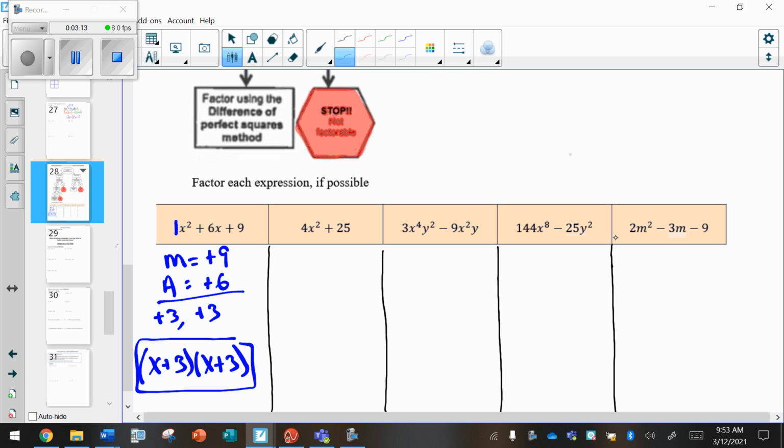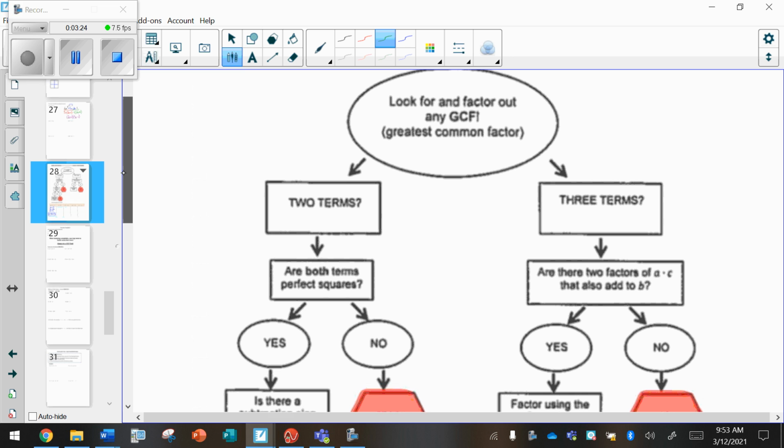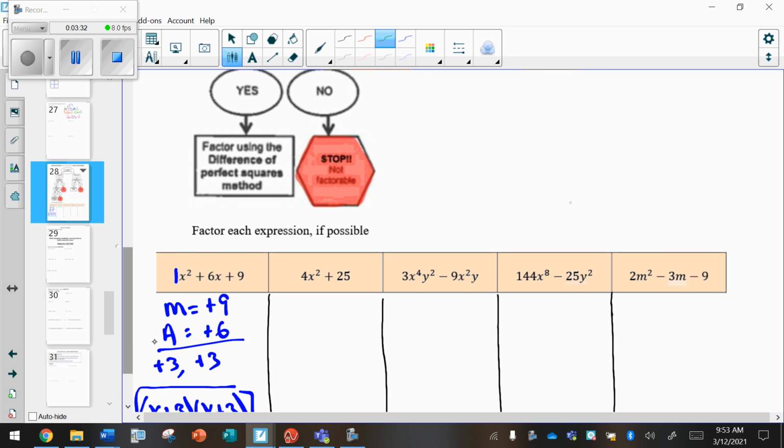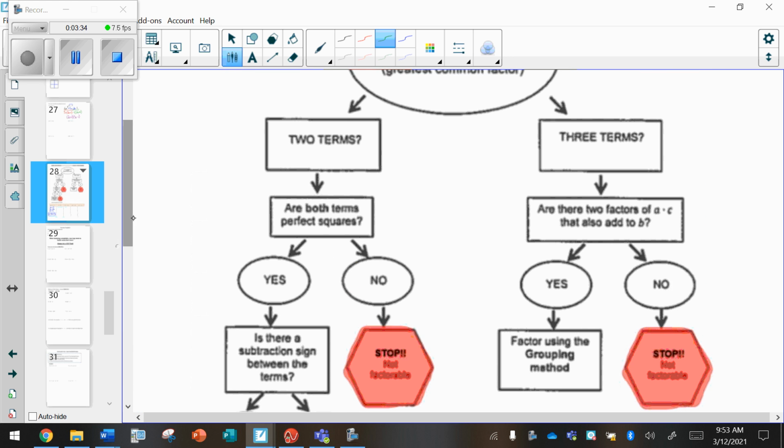Okay, second example here. Look for a GCF. Is there a GCF between a 4 and a 25? The answer is no. All right, there's not a GCF, so we don't have to worry about it. So now we look at, do we have two terms or three terms? There are two terms. Are these both perfect squares?